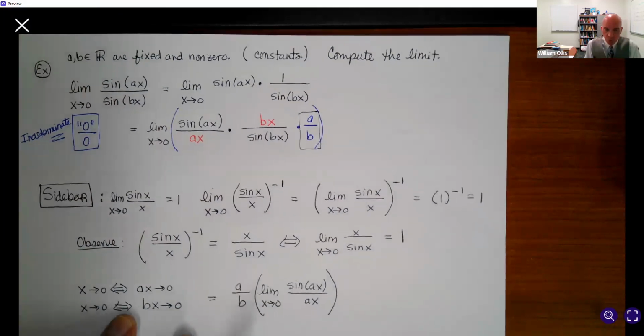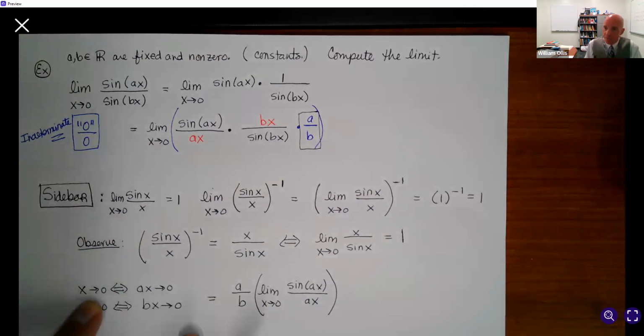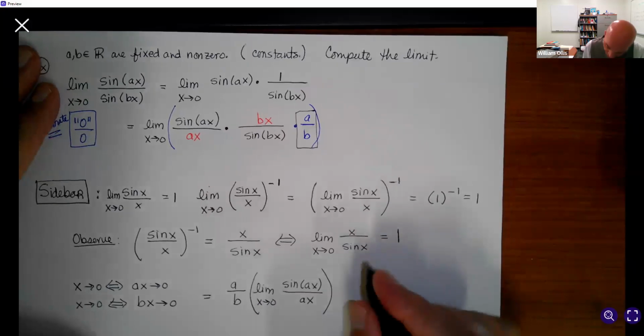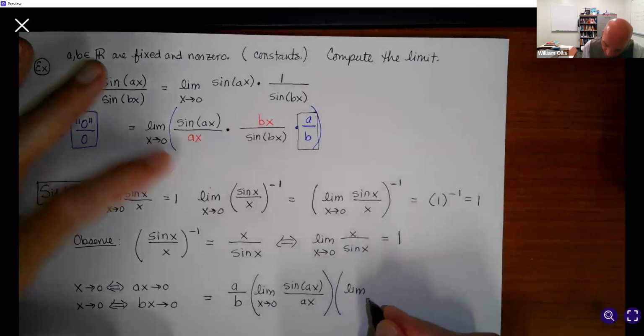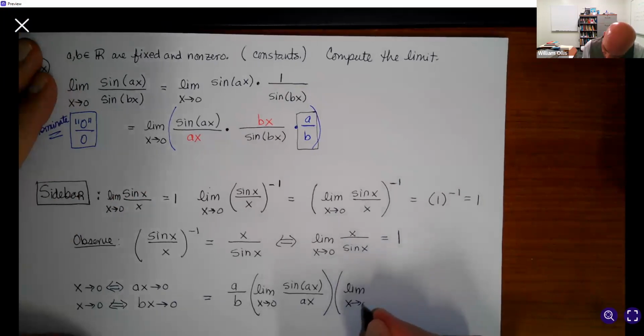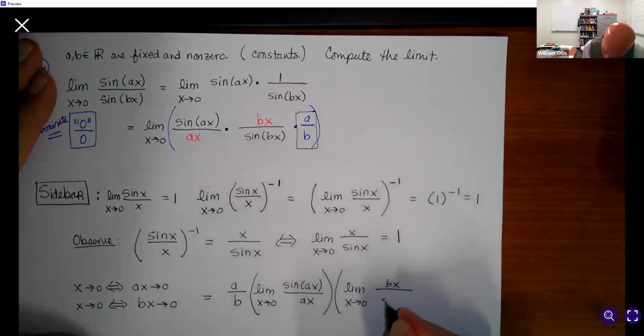We have this construction here that says if X is approaching 0, so does AX. If AX is approaching 0, so does X. They go in both directions. So now we have the limit of a product is the product of limits. And we just got this result from the first sidebar.